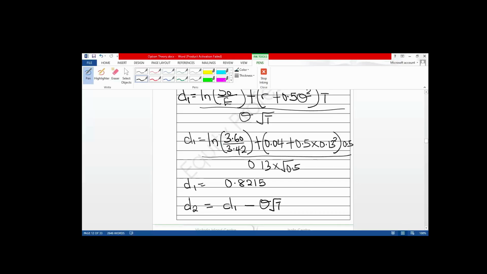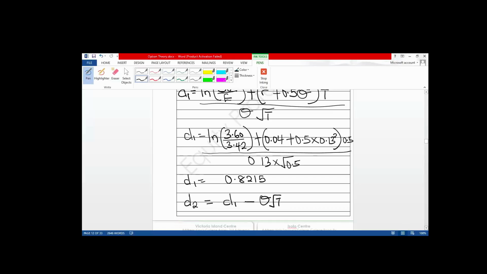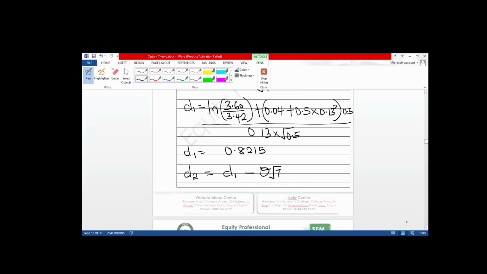Use the raw figure that we got. All you need to do is to follow this. When you get here, introduce brackets.